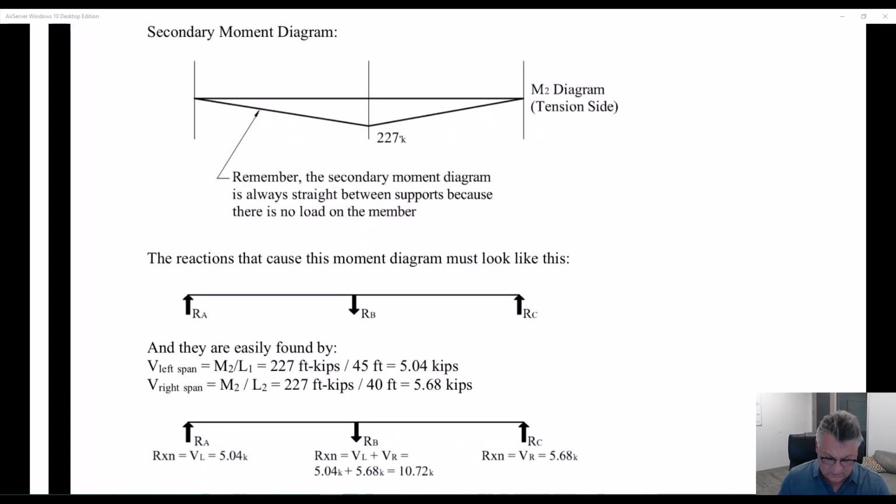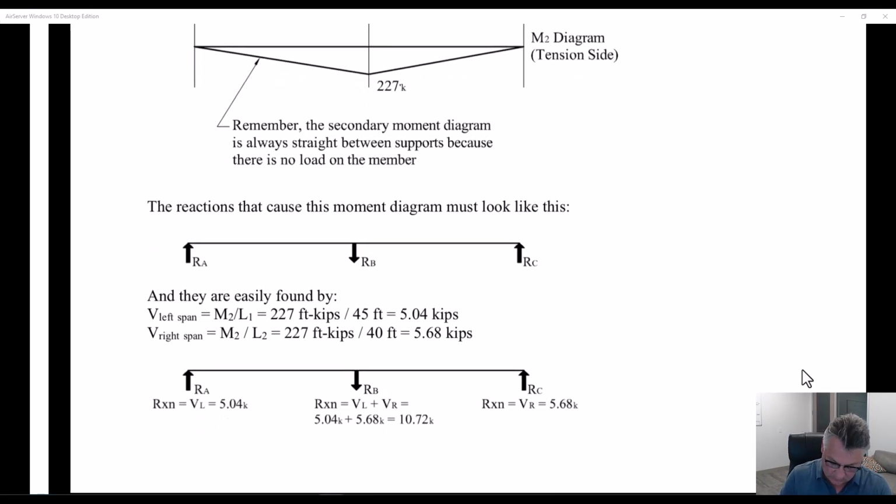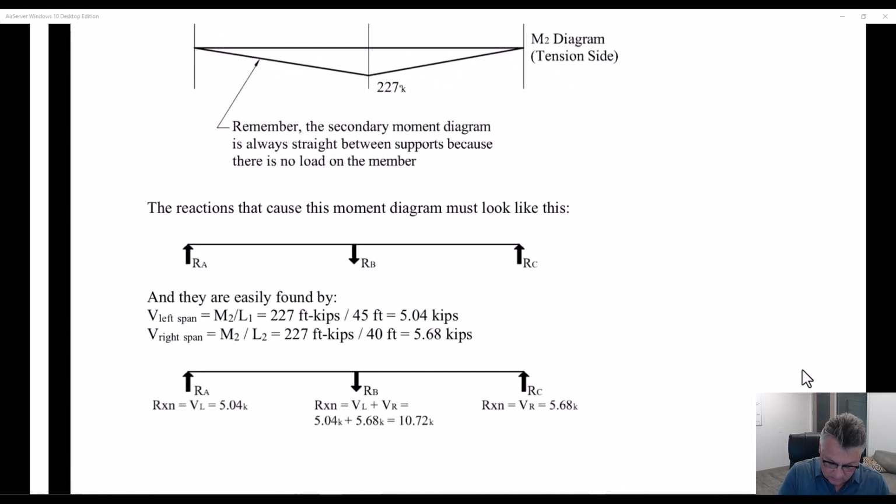So we can extract out what the reactions are. If I know what the moment diagram is here, remember the secondary moment is causing tension at the bottom of the beam. So the moment must be going this direction, creating tension at the bottom.